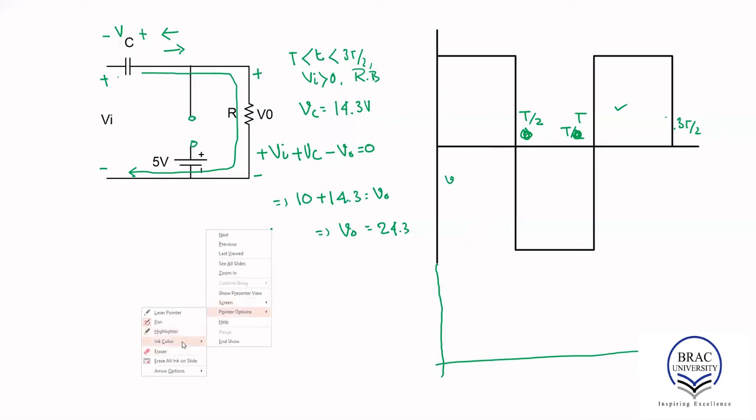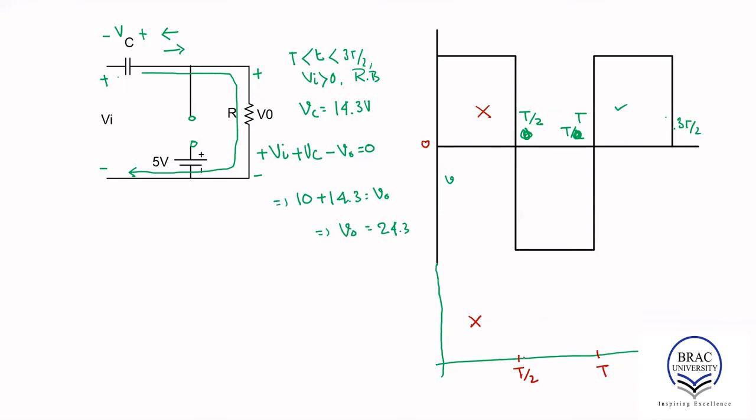Let's use a different color. The 0 to T by 2 interval is undetermined, so we're not going to do anything here. T by 2, then T, then 3T divided by 2.